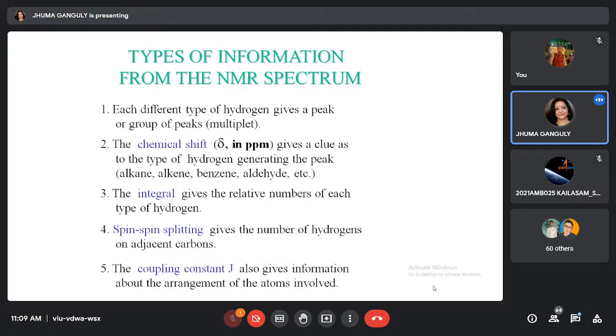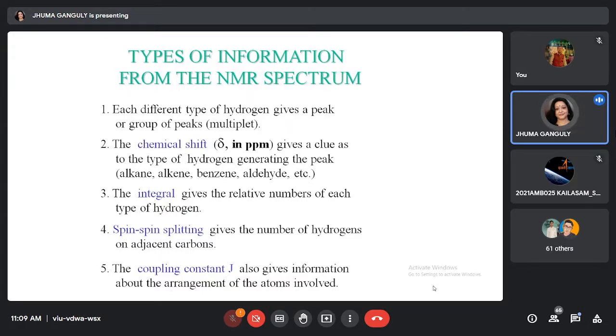The integral gives the relative numbers of each type of hydrogen. Spin splitting gives the number of hydrogens on adjacent carbon. These points we will clarify slowly.